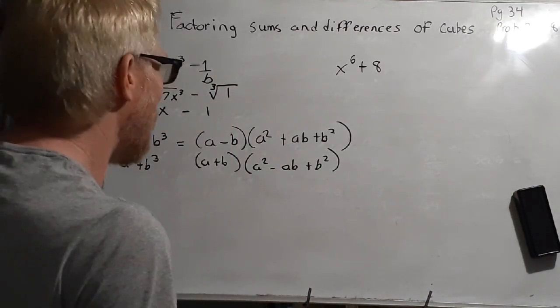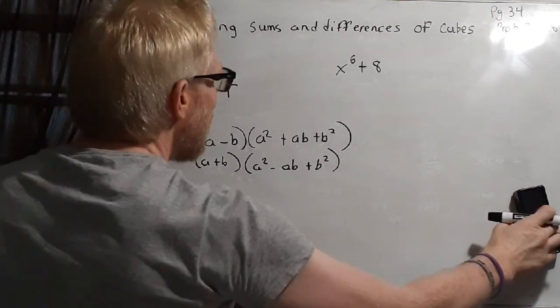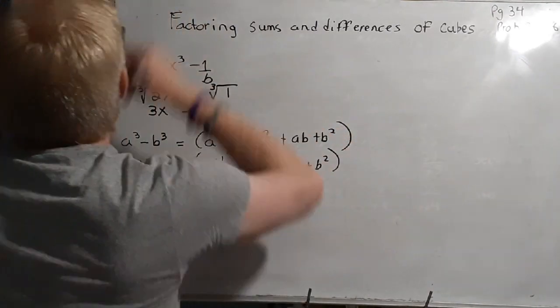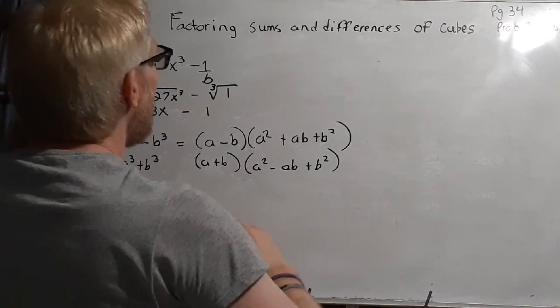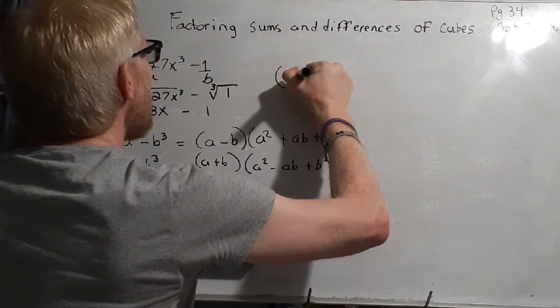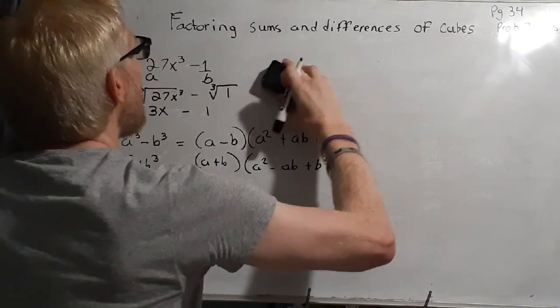What I'm going to do now is just plug them in. A minus B is going to be 3x minus 1. Let's write it up here.